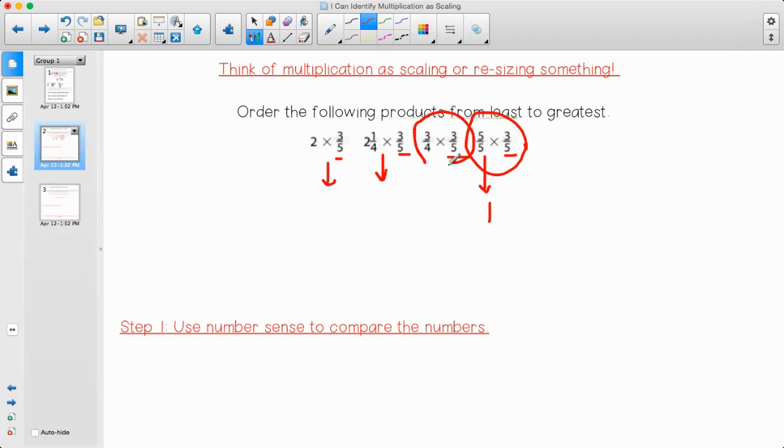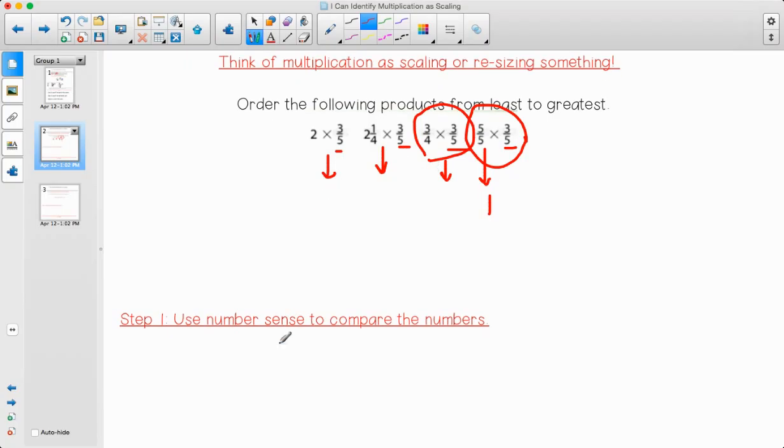And in this problem, I see that 3/4 is less than 3/5, and it's also less than 1. So I know that since 3/4 is less than 1, my item is going to shrink or get smaller, right? 3/5 is going to get smaller if I multiply it by something less than 1. So that should tell you that that's the product that would come first, 3/4 times 3/5.